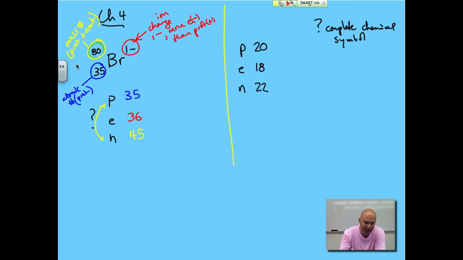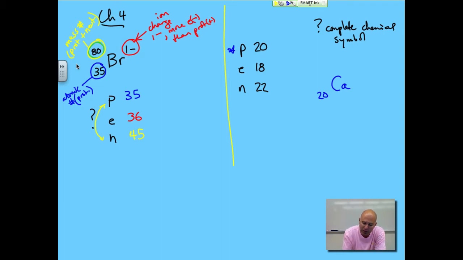The first key is again the protons, number 20, so we look it up: calcium. Calcium's number 20, so it's the atomic number, therefore 20 is the number of protons.